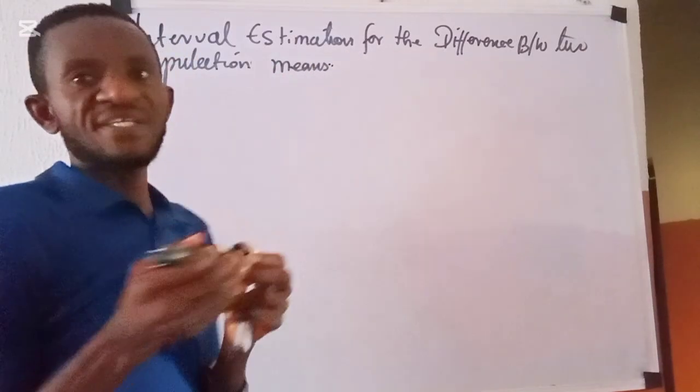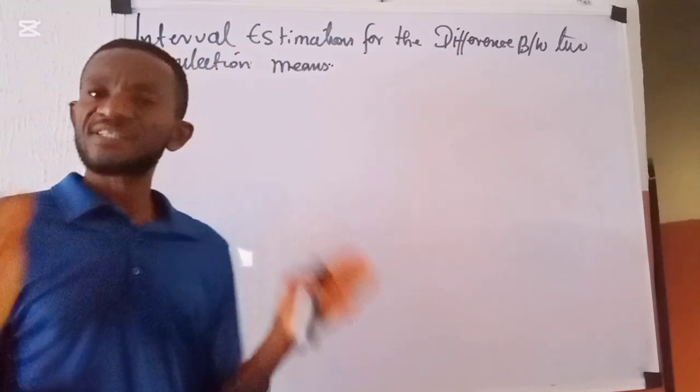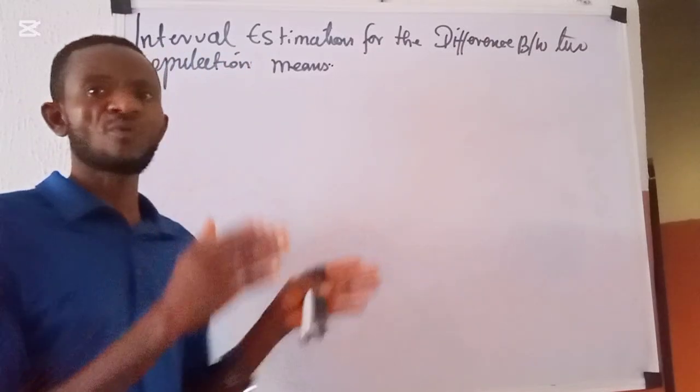So the question of interest is, how do we construct confidence interval for the difference between two population means?